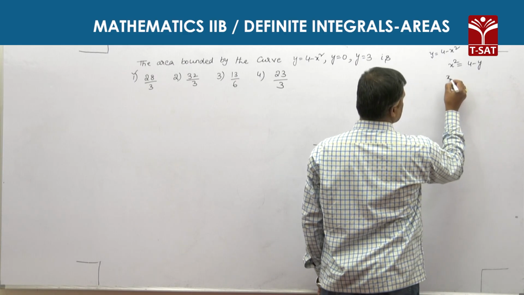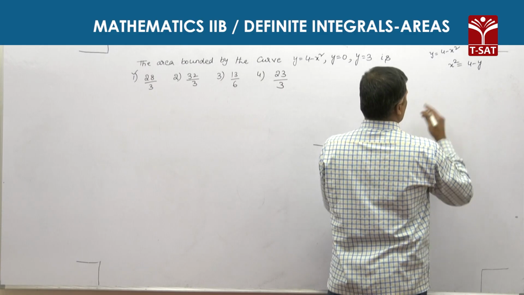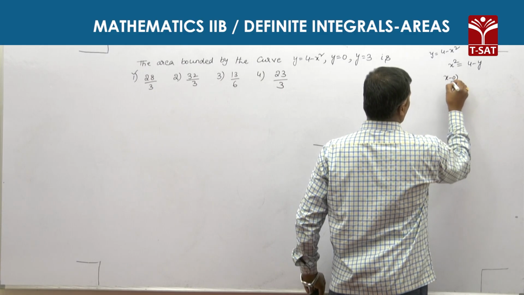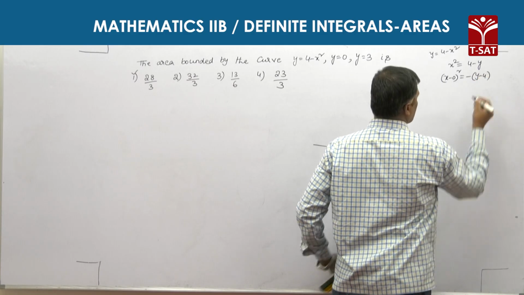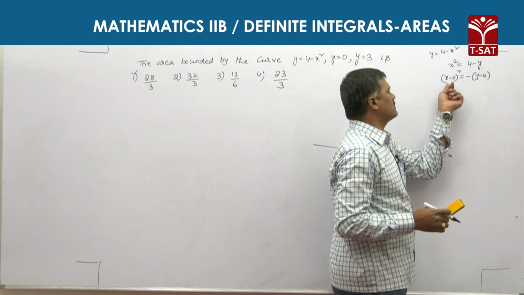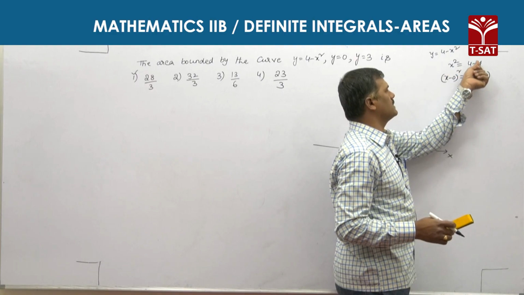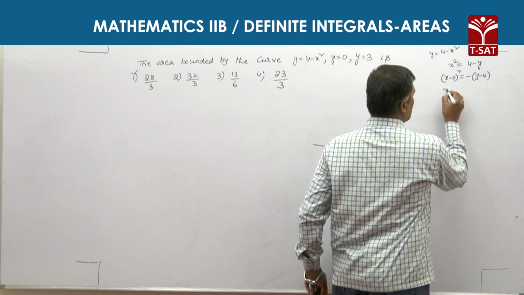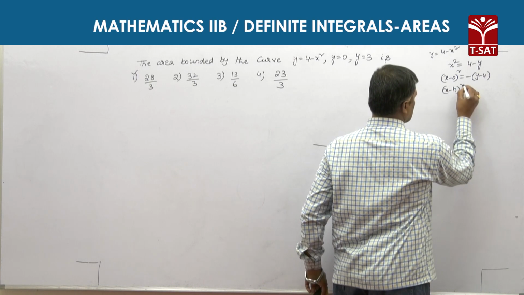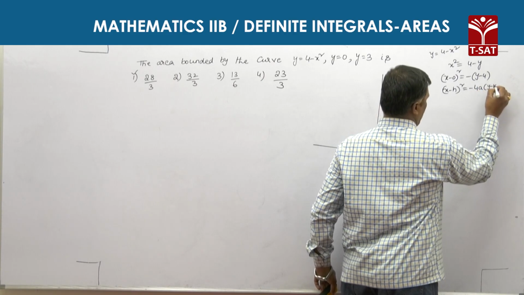This can be written as x minus 0 whole square is equal to minus, common, y minus 4. Check it: x minus 0, x square is equal to minus into y minus into minus plus, which is in the form of x minus h whole square equal to minus 4a into y minus k.